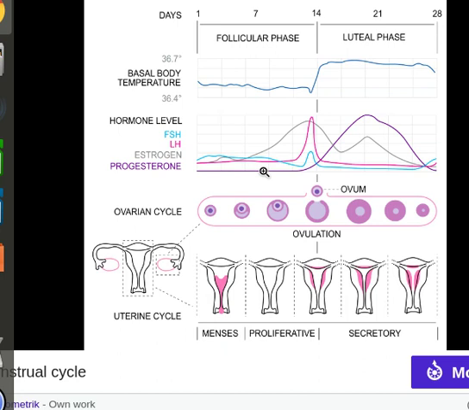Then there is the preparation for ovulation. During this time, FSH levels increase, causing an egg to mature in the ovary. Meanwhile, another hormone begins to rise on approximately day 7. Which one? Yes, estrogen. And then it reaches its peak on day 12.